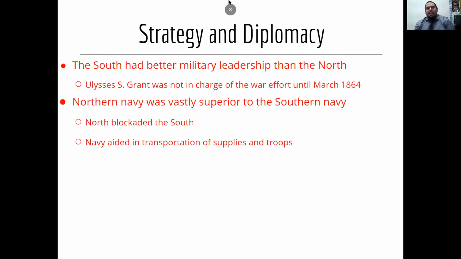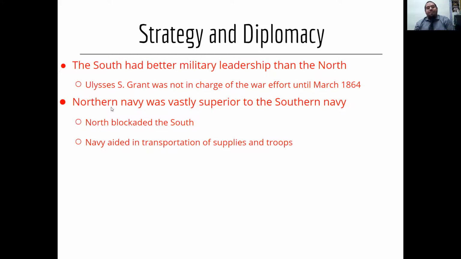Strategy and diplomacy, again, kind of more North-South advantages. The South, of course, had the better military leadership than the North. And this is around the time Ulysses S. Grant won't become leader general of the Union Army until March 1864, as Lincoln was struggling to find better leaders because the South was winning for a time.